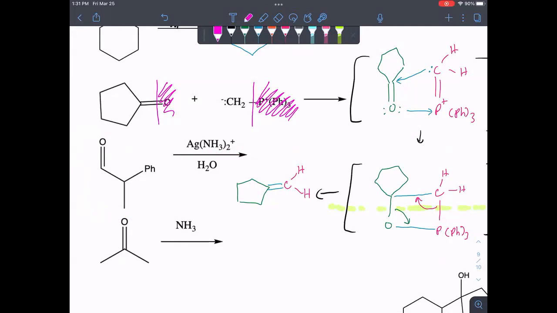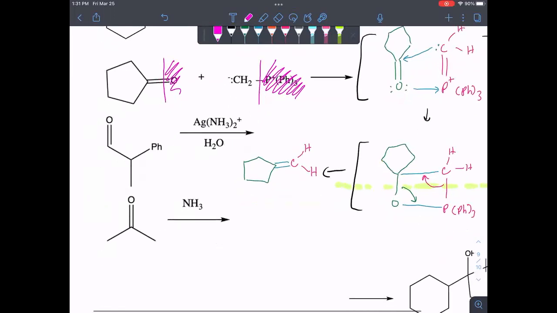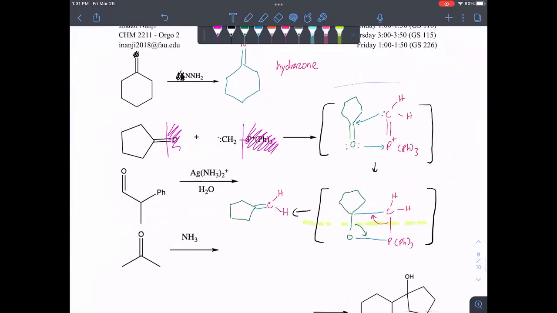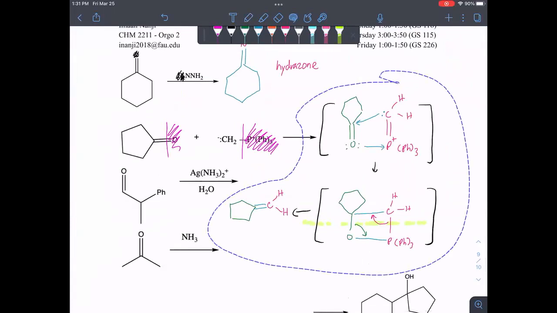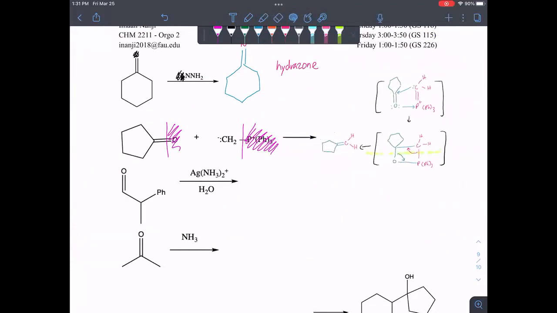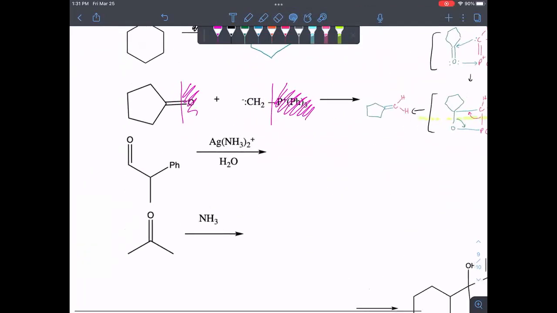So if you have just an aldehyde, okay, I don't really have one. If we got rid of the H2O and we just had that silver reagent with the aldehyde, it's going to turn into something called a carboxylate ion, basically a deprotonated carboxylic acid.